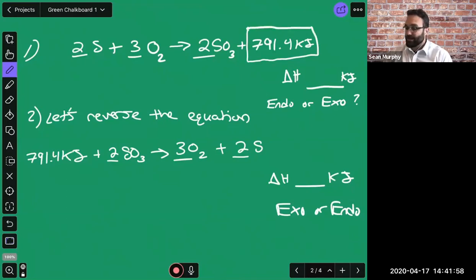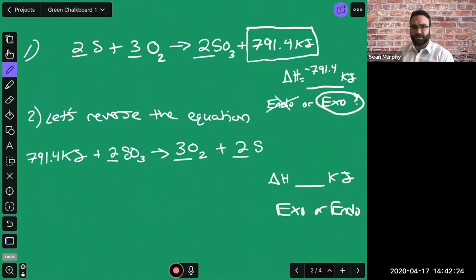My delta H is, survey says, negative 791.4. It's negative because it's on the right-hand side of the formula. Is it exo or endo? It's a product, so it's going to be a release. So it's going to be not endo, but rather exo.